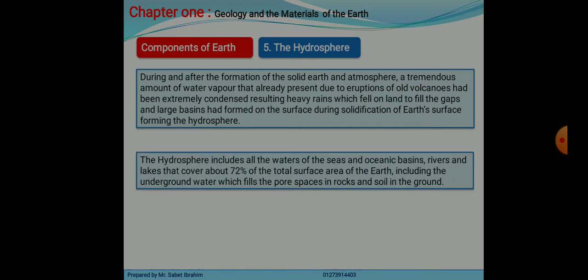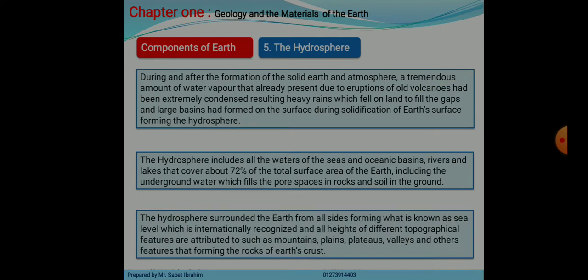The hydrosphere includes all the waters of the seas and oceanic basins, rivers, and lakes that cover about 72% of the total surface area of the Earth, including underground water which fills the pore spaces in rocks and soil in the ground.